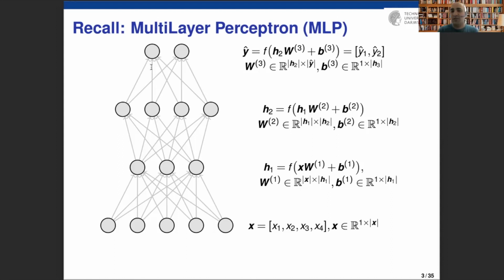So we use the notation of norm of X to refer to the length of the input vector. So the first layer, or the input layer, has the length of the dimension of the input representation, or the input vector.